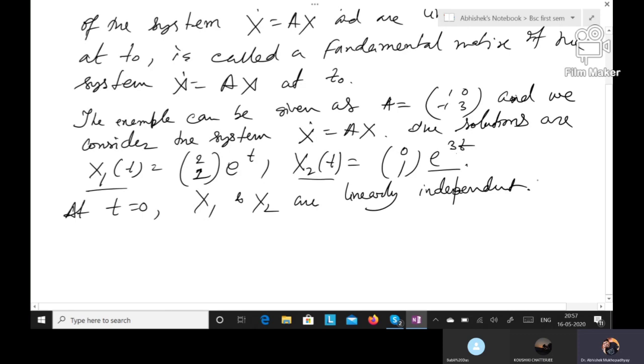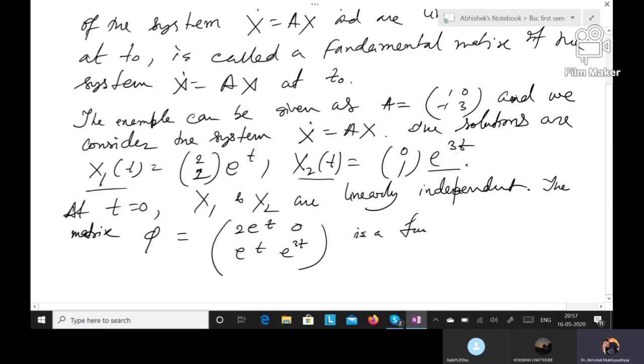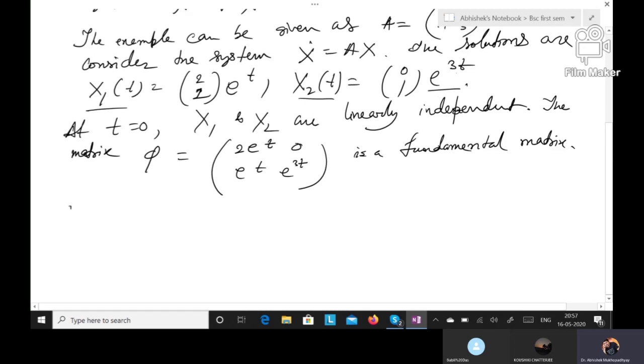And for this reason, we can conclude that the matrix phi equals 2 e to the power t, 0, e to the power t, e to the power 3t is a fundamental matrix at t equal to 0.